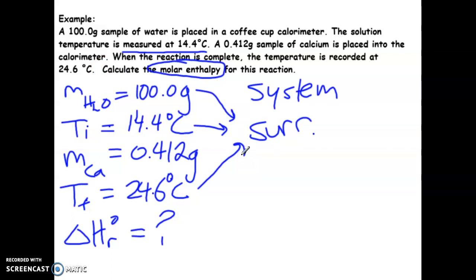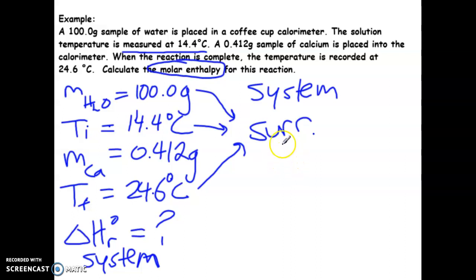The actual system is the calcium reacting with water. This delta H is of the system. Remember, anytime you are referring to enthalpy, it is the system, whether it's molar enthalpy or regular enthalpy.